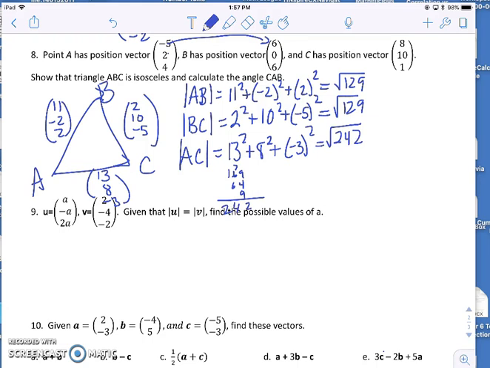Now it also says find the angle, what angle is it? CAB, so this angle. Well, if we were to find that angle, we know these distances: the square root of 129, square root of 129, and the square root of 242. And so we could use the law of cosines here.